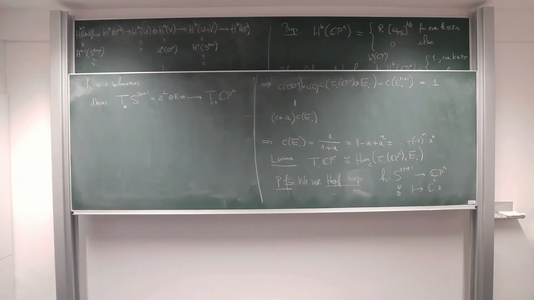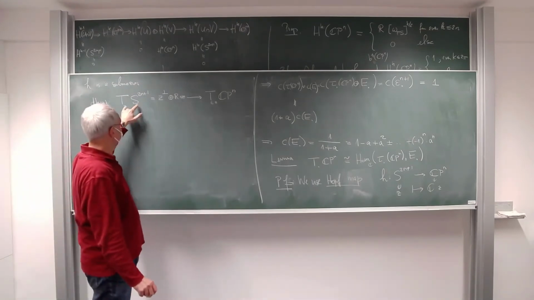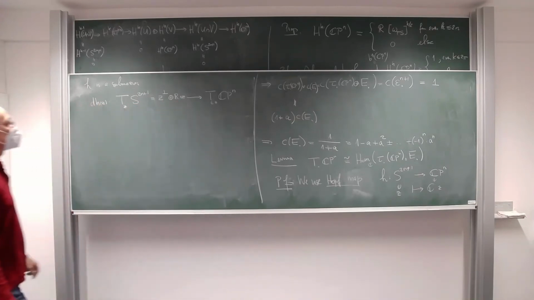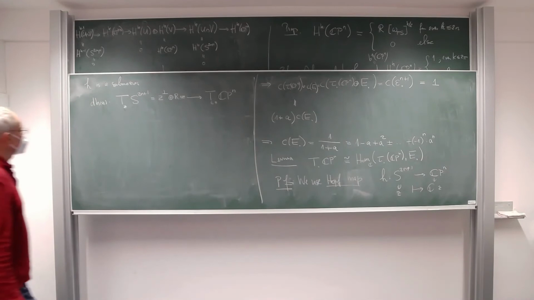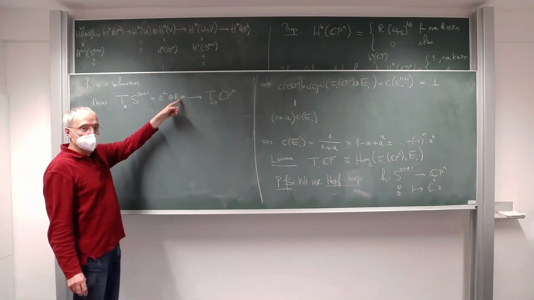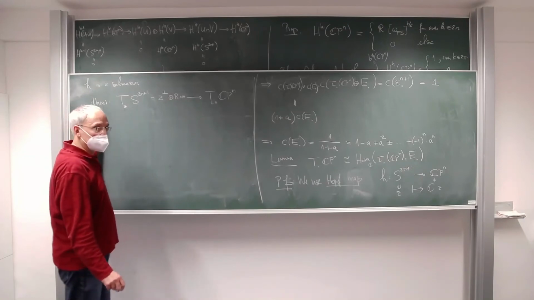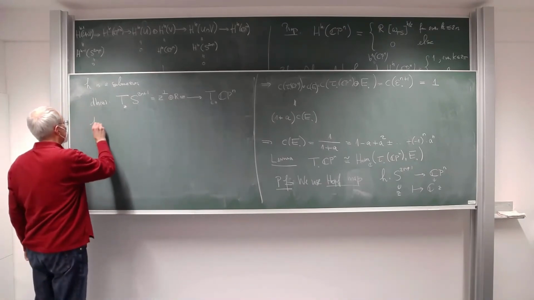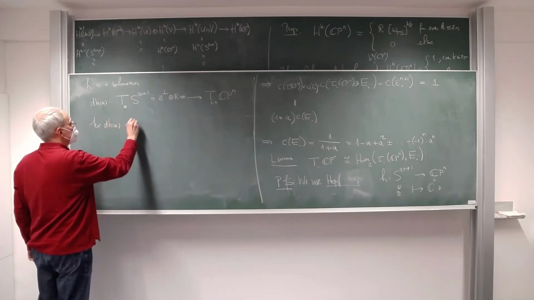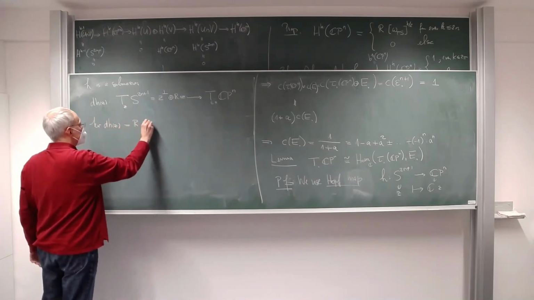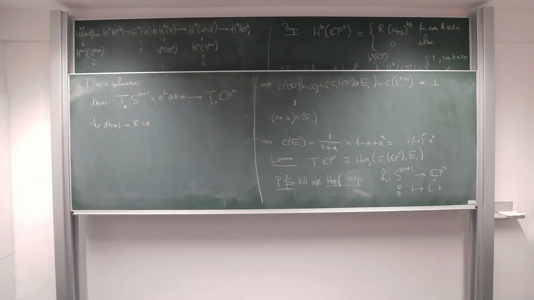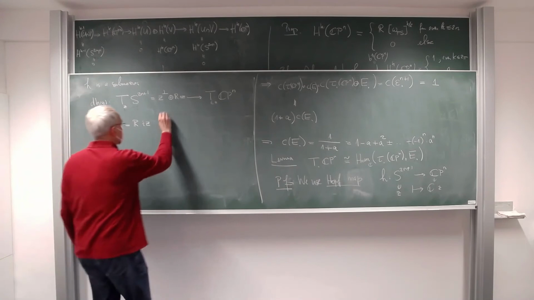Good, so we have this canonical splitting of the tangent space of these odd-dimensional spheres. And now my claim is that this part here is exactly the kernel of the differential of the Hopf map. Why is this?